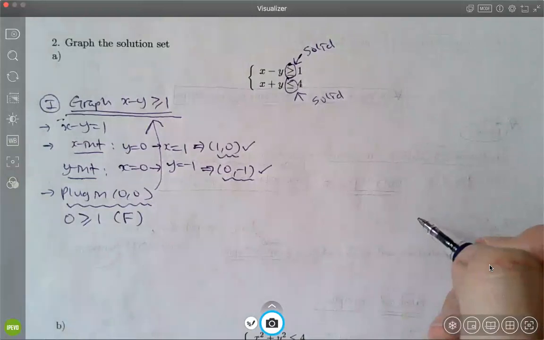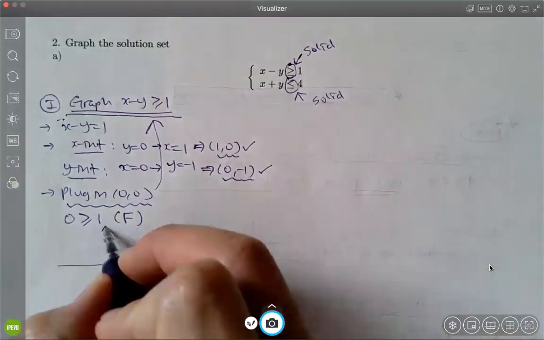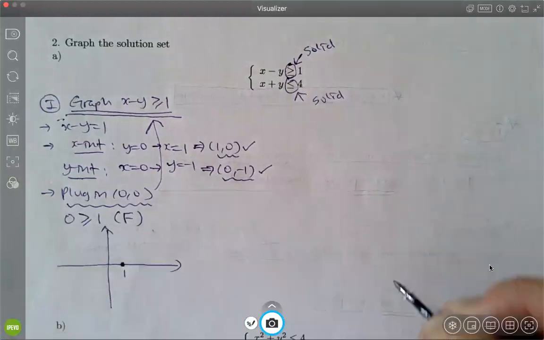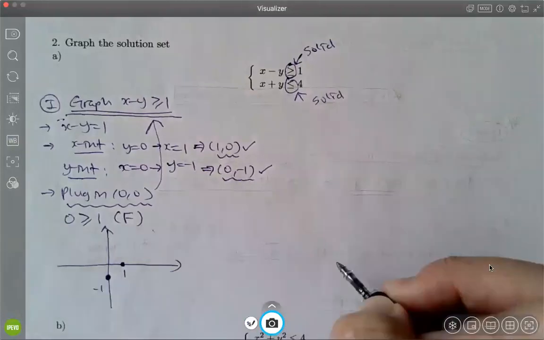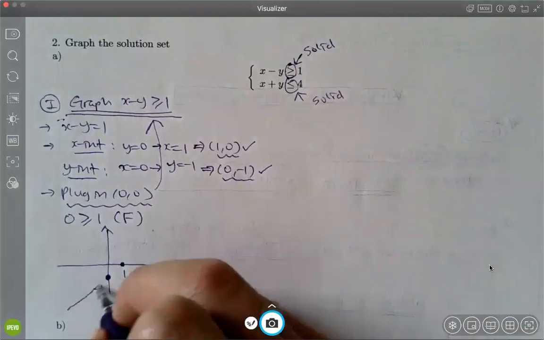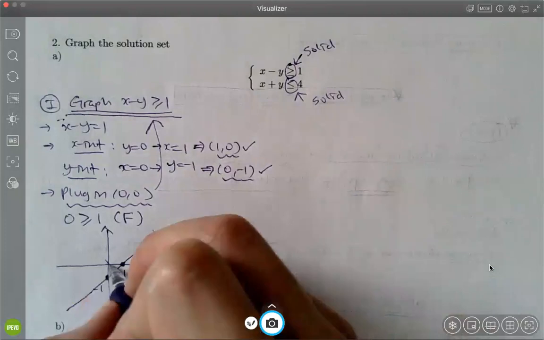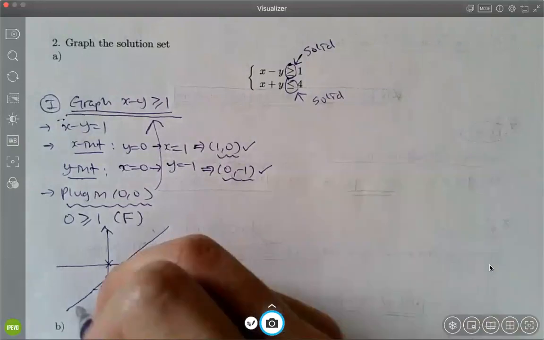Sketch the graph. 1, 0 is here, and 0, -1 is here, and we have a solid line. Then 0, 0 is above the line, and we got a false statement there, so we shade below the line, right?